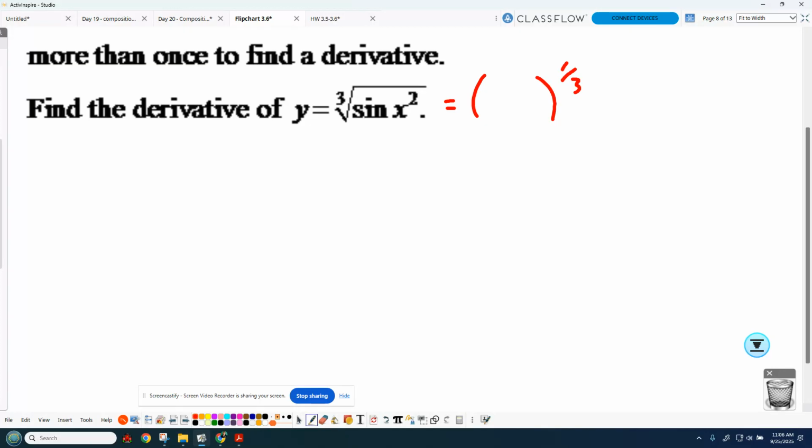It's gonna be weird. What's the next function that you see? Sine? And then what's the next function? That's squared quadratic. So you need to apply chain rule 3 times. See what you get.